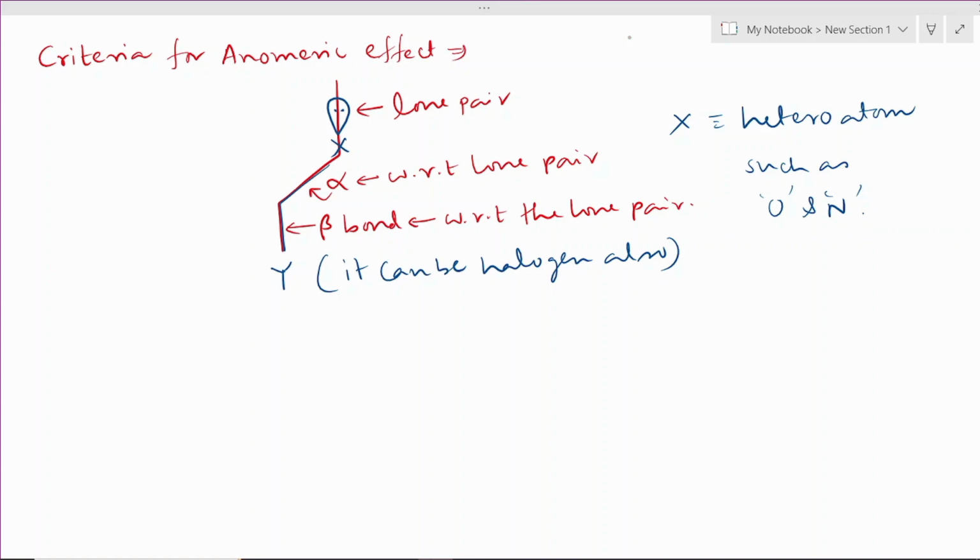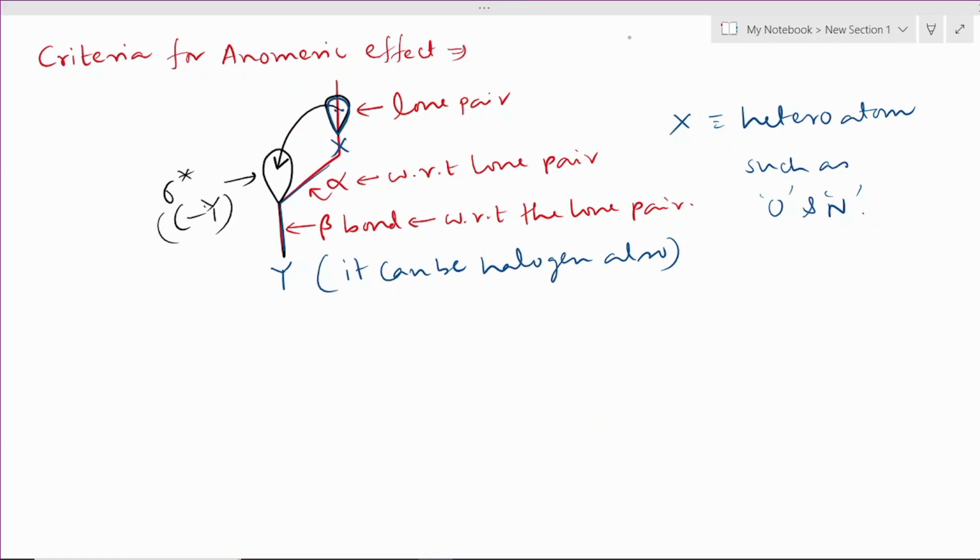Here we can see that if this is the sigma bond between C and Y, then the sigma star will be over here. This is the sigma star of CY, and this lone pair of X and this sigma star are in parallel position, so this can meaningfully interact with this sigma star.